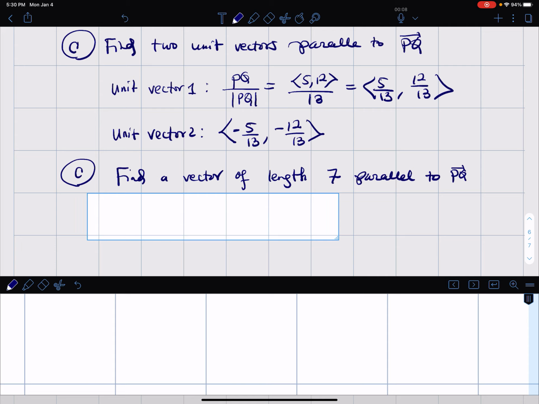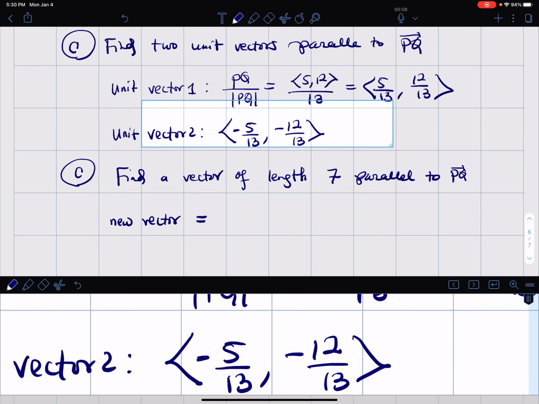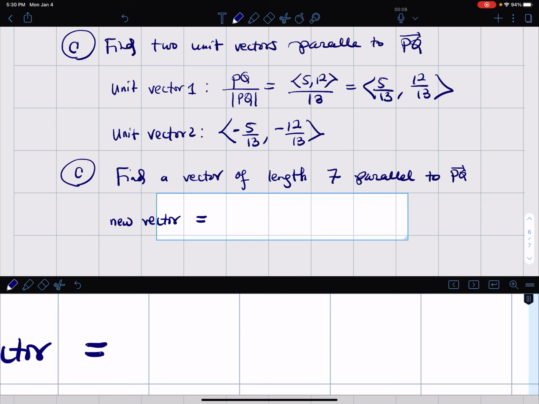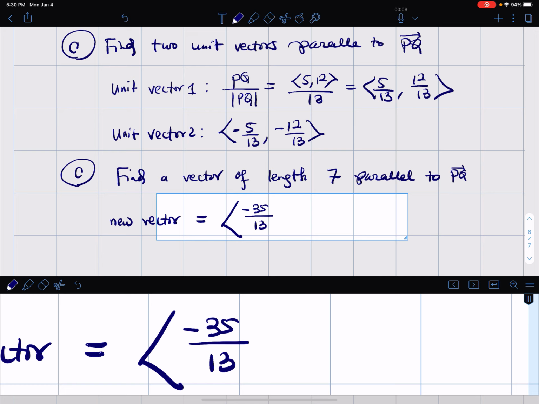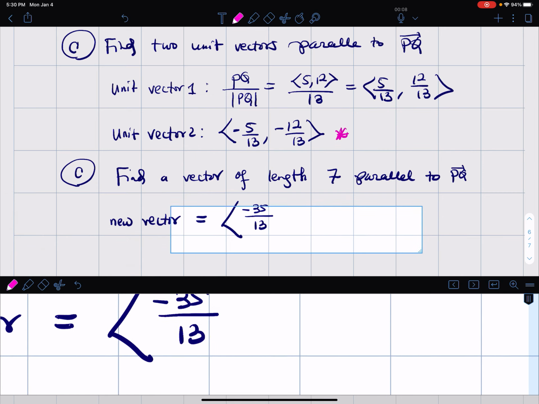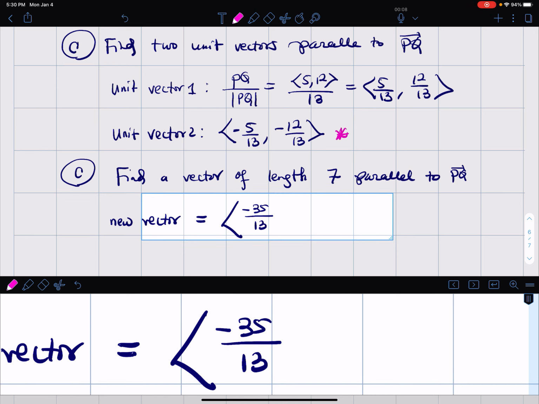So all we have to do is multiply any of these unit vectors by 7. I'm taking the second one, choosing this one, and multiplying it by 7.